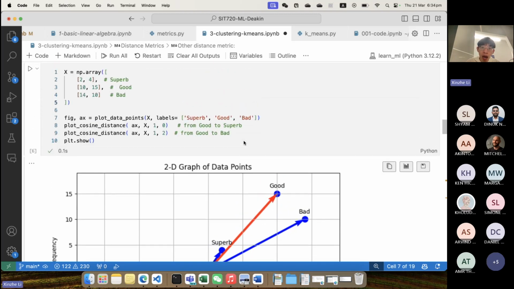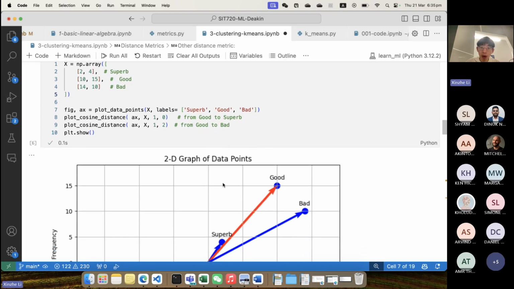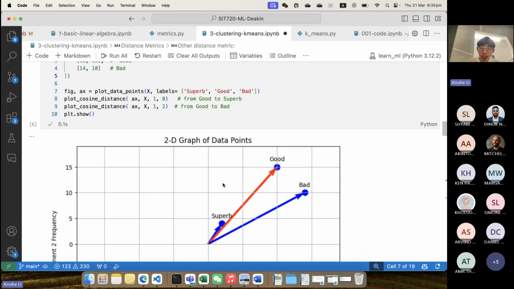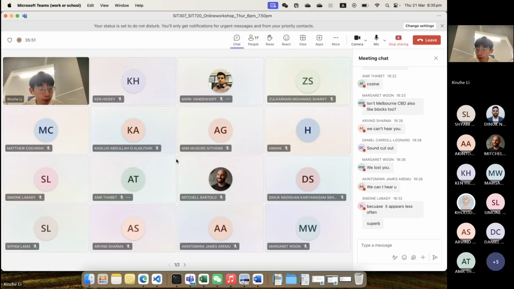Yep. By the way, does anyone know why the calculation of cosine similarity will avoid this issue? Why will cosine similarity avoid the issue of magnitude?